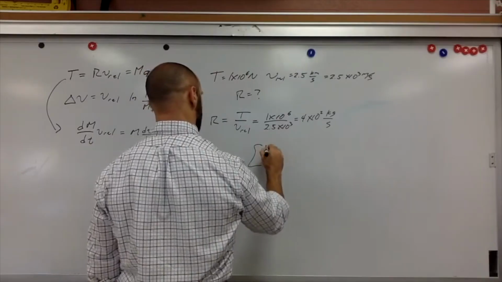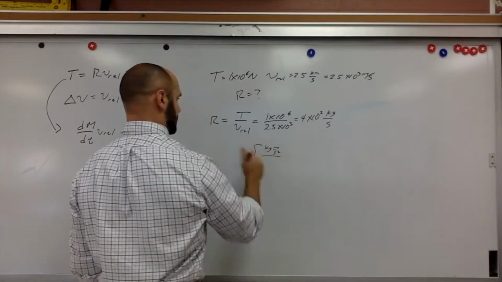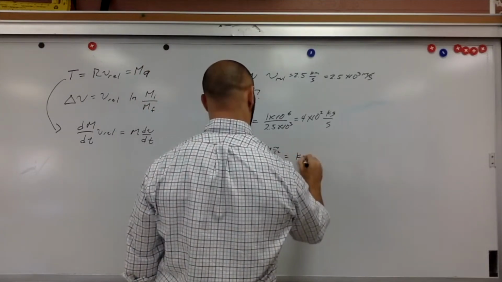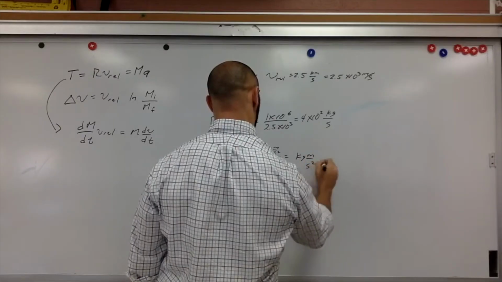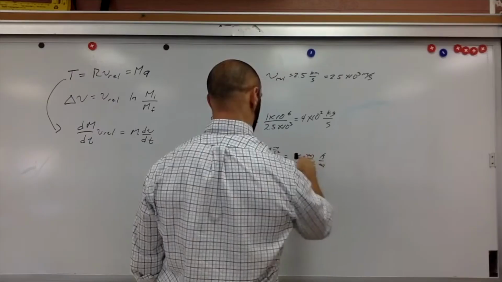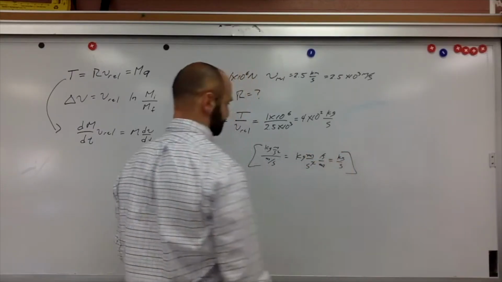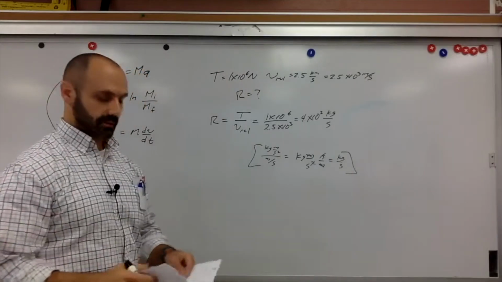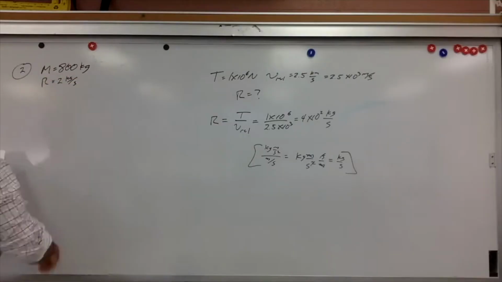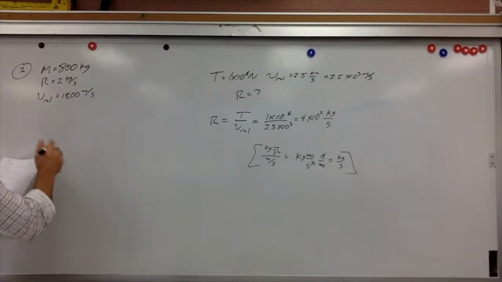Thrust is newtons, so it's kilograms meters per second squared, and then v rel is meters per second. So this is kilograms meters per second squared, seconds per meter. These cancel out, and we're left with just kilograms per second. So the equation works in terms of the units, and that's a good thing. Okay, so the first question asks for the thrust, right?